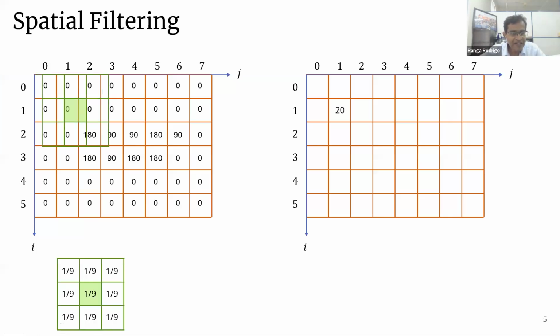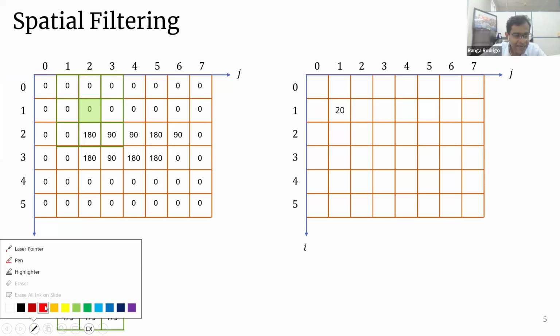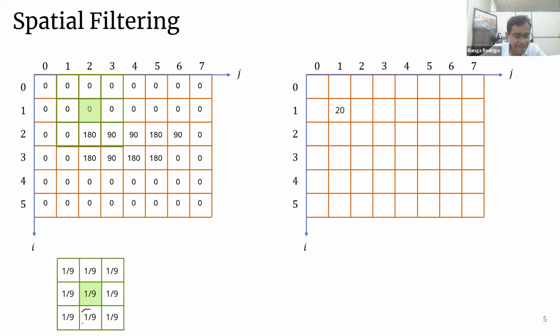Then you move the kernel to this location. Now you can see 180 is there and then 90 is there. This one will multiply 180 and this one will multiply 90. So 180 times 1/9 is 20, 90 times 1/9 is 10, and 10 plus 20 gives you 30 there. So you can see this is the spatial filtering operation.